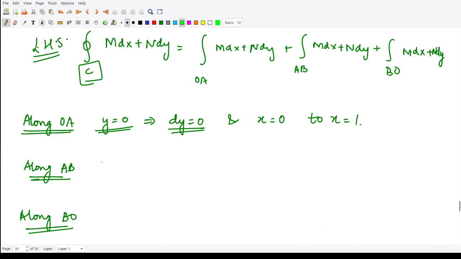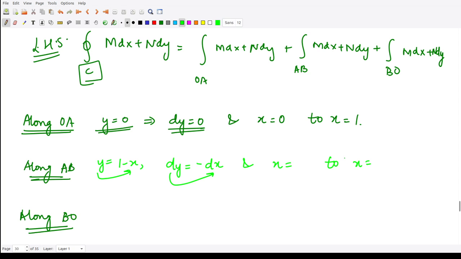Suppose I write the value of y as 1 minus x. When you differentiate this, you will have dy equal to minus dx. And because you are writing y in terms of x and dy in terms of dx, you have to write the limits for x. So what are the limits of x here?